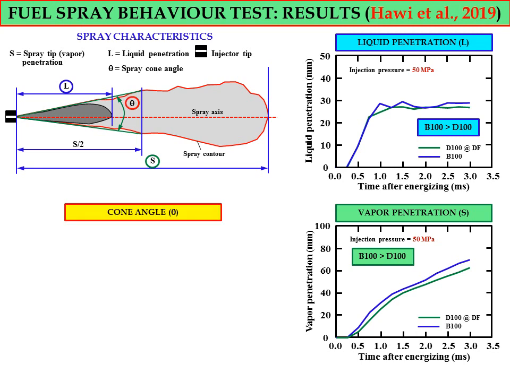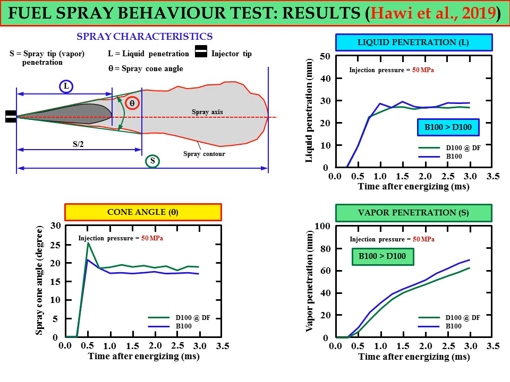For the cone angle theta, we have at the beginning a steady increase of cone angle, from 0 to around 20 degrees. After that, we can see different patterns of spray cone angle values for both fuels.